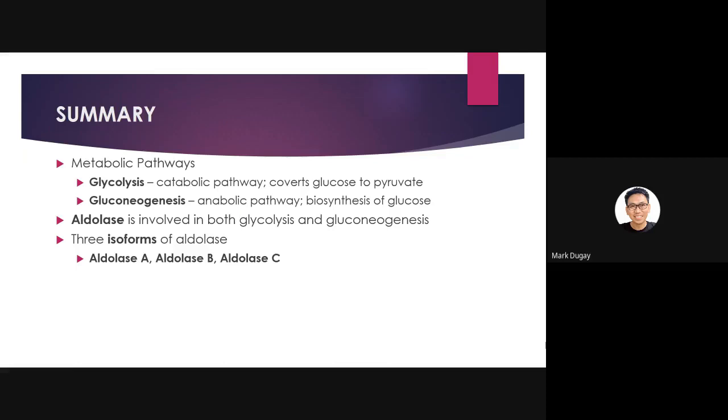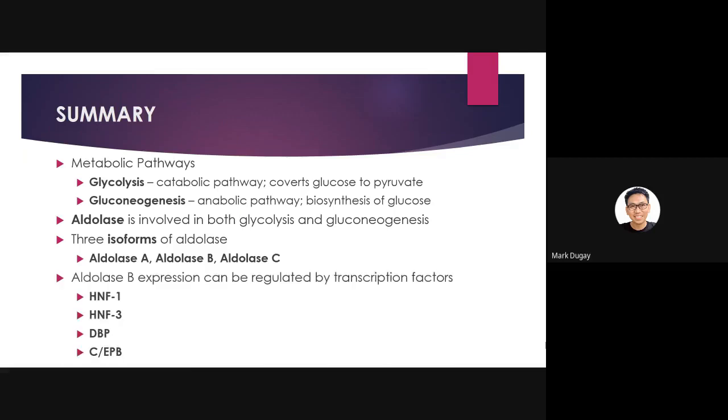We have aldolase A, aldolase B, and aldolase C, which are expressed in muscles, liver, and brain, respectively. And the expression of aldolase B can be regulated by the transcription activators such as hepatocyte nuclear factor 1, hepatocyte nuclear factor 3, and albumin D binding protein, and the transcription regulator, the C enhancer binding protein.